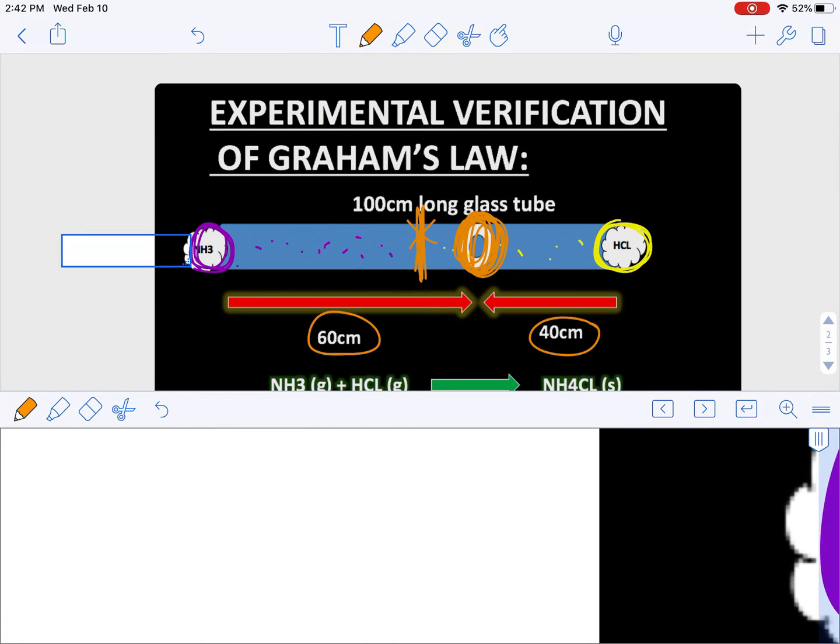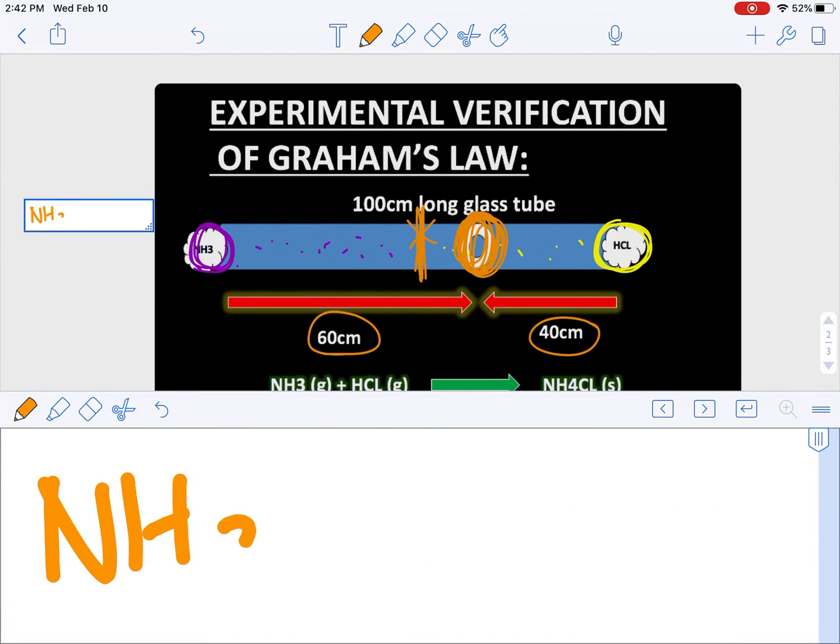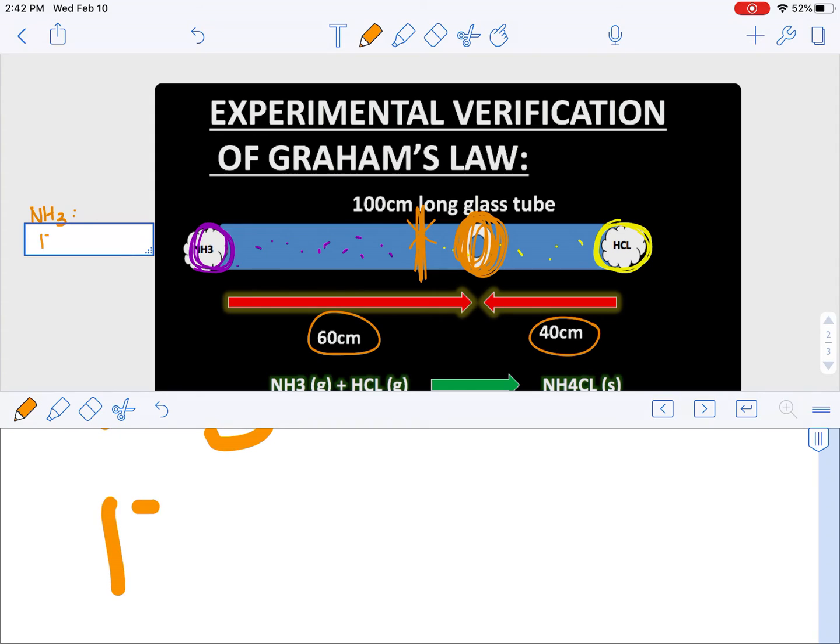And it didn't have to do with the mass of the sample, but rather the molar mass of the matter.